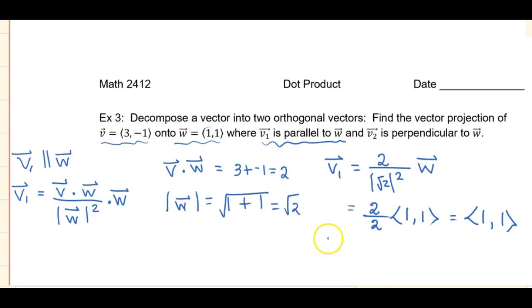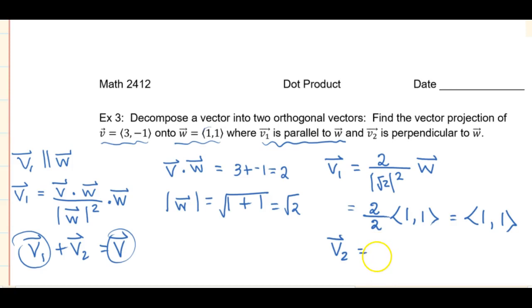The question now is, how do I find V2? Well, remember that V1 plus V2 has to equal V. So let's get our V and subtract V1, and that will give us our V2.